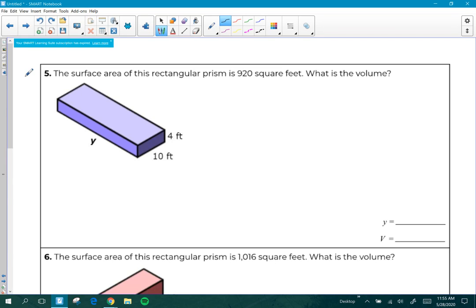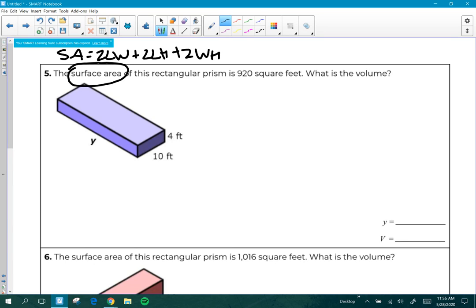So looking at the problem, it says the surface area of this rectangular prism is 920 square feet. What is the volume? So dissecting that problem, they say the surface area, right? So you should be thinking surface area, that formula. I know that formula. 2 length width plus 2 length height plus 2 width height, right?